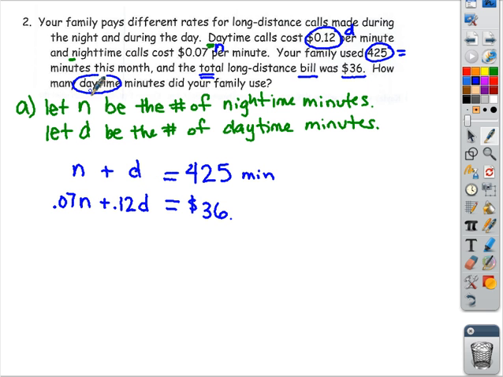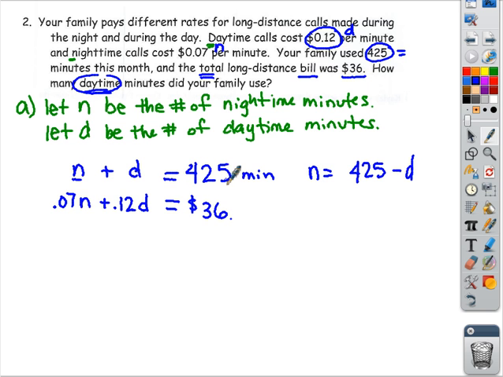Okay, now we're trying to isolate our daytime minutes. So how about we did the last one with elimination, let's use substitution for this one. So maybe I want to get my N isolated. I'm going to subtract D and solve for N. Right?